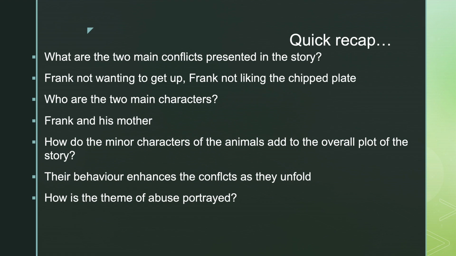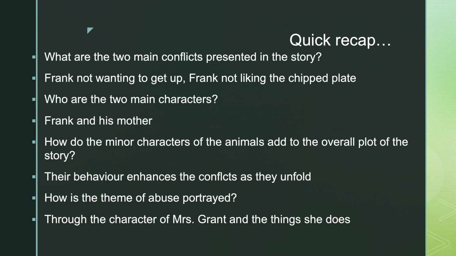How is the theme of abuse portrayed? We just spoke about it. Through the characters of Mrs. Grant. She's the only person. I just thought of something. Maybe there's a minor theme of animal abuse based on what Frank was doing with the chicken.